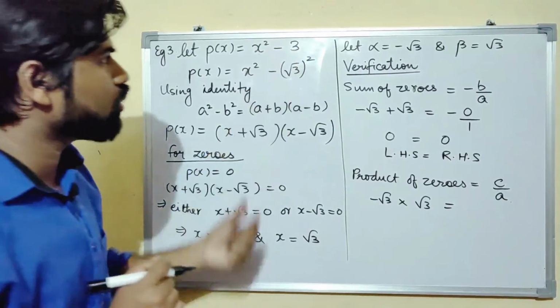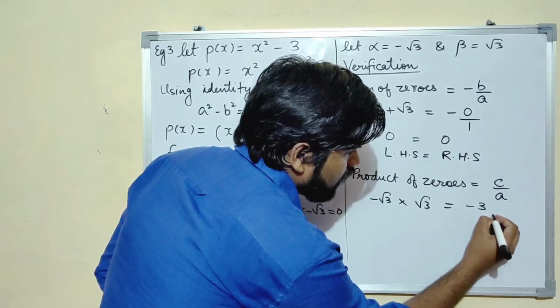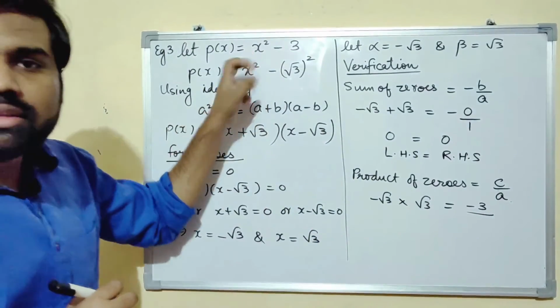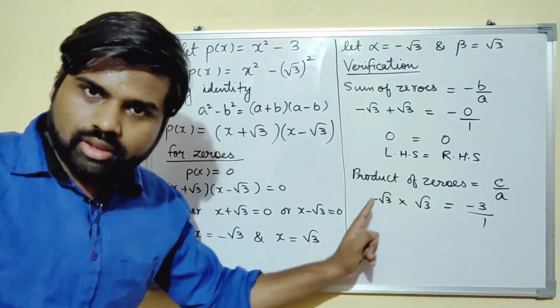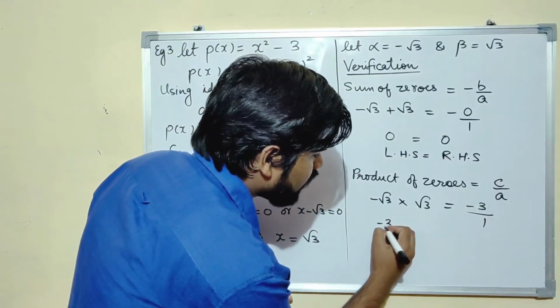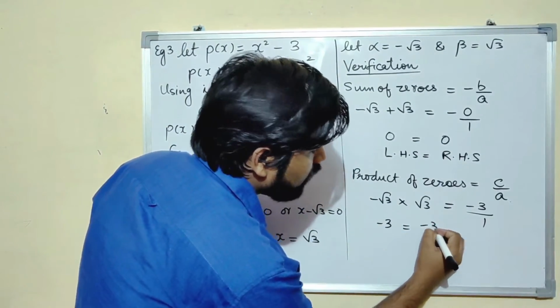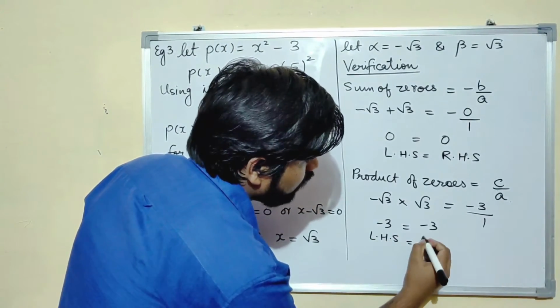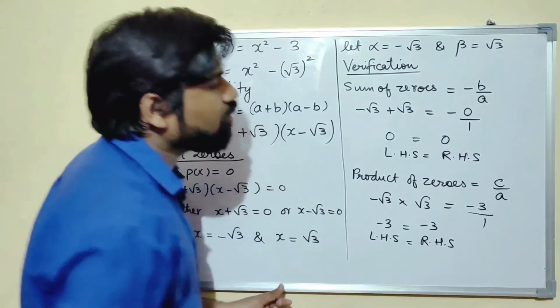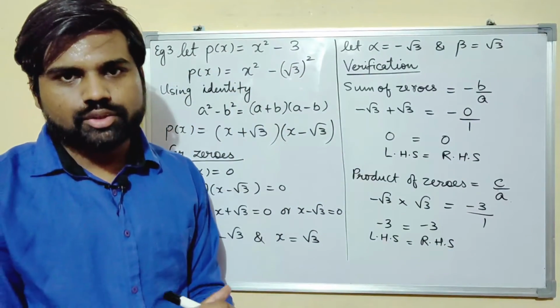Do notice the sign also. Minus 3 upon the value of a, which is 1. You know that root 3 into root 3 is 3, so it will be minus 3 here, and on the right hand side it will be minus 3, which means the left hand side is equal to the right hand side. This way we have verified the relationship.